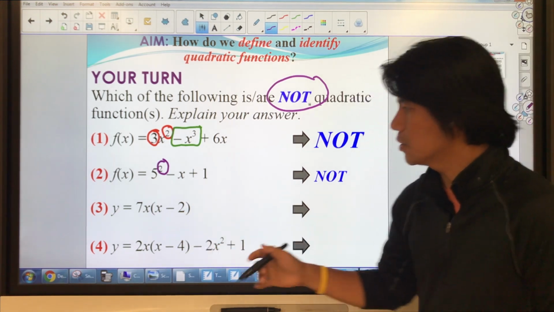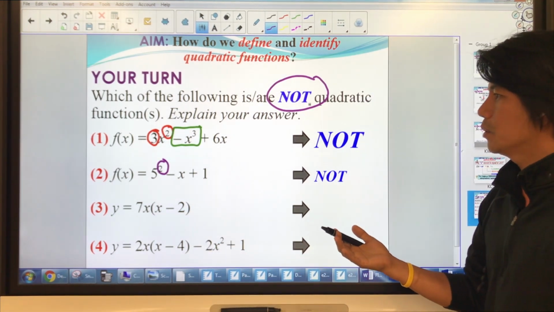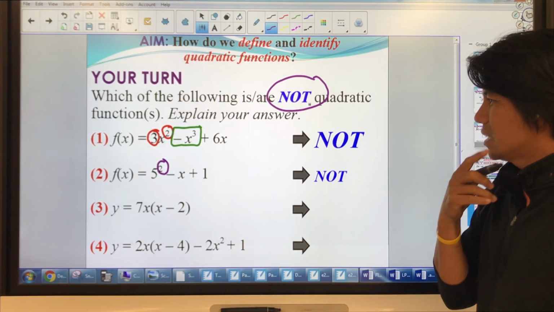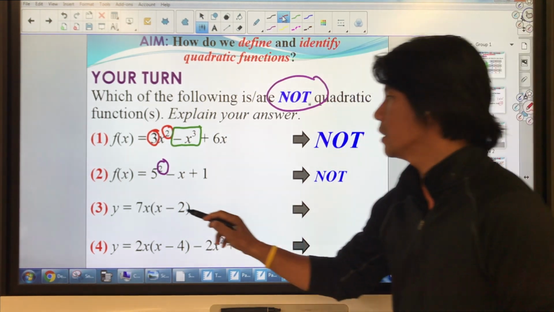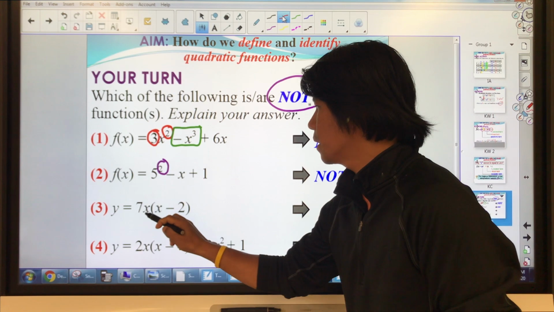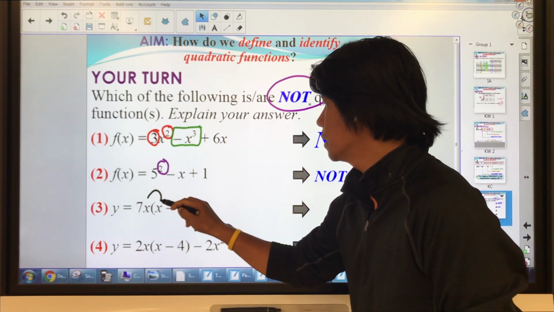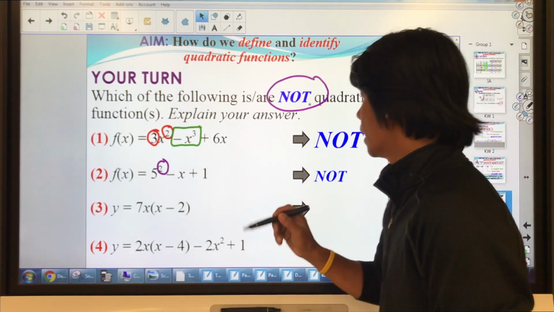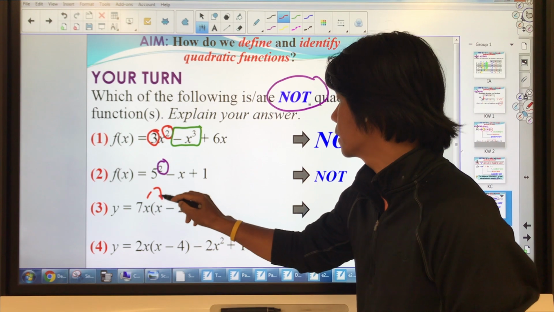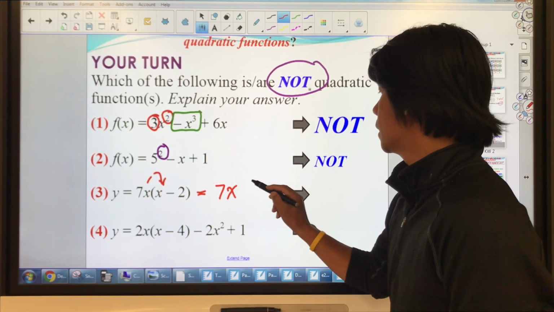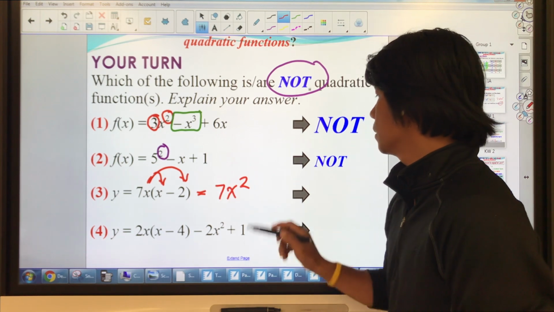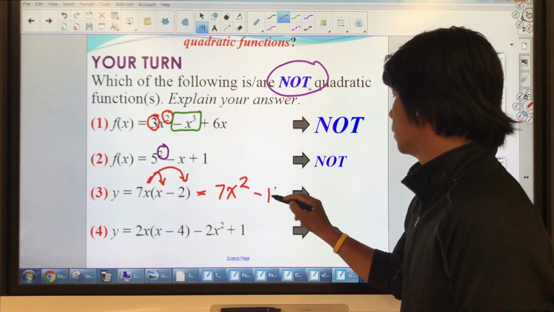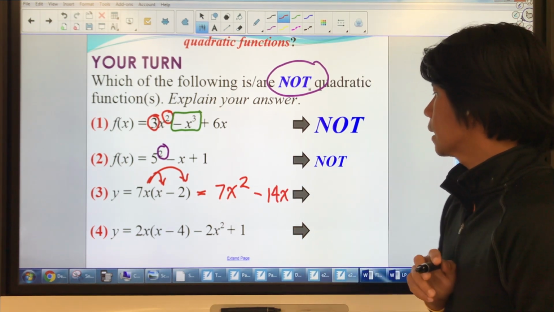How about this? I don't see a square or to the second power. Is that a quadratic function? Let's see. If you notice, we have a parenthesis next to 7x. That means we need to distribute 7x. 7x times x, 7x squared, right? 7x times negative 2, that's negative 14x.